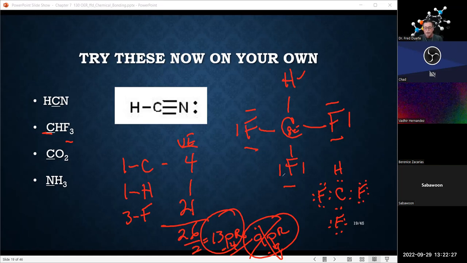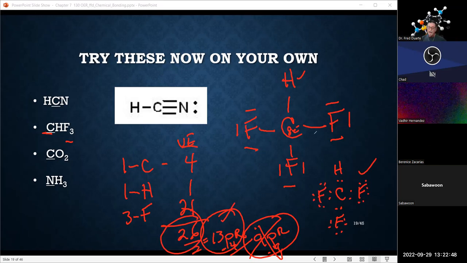So these two structures, with the dots or the bar or the line, are good. I'll accept each one. But if you use the dots, make sure you have the correct number of dots. There should be 26 dots to represent the individual valence electrons, or 13 lines to represent the pairs.